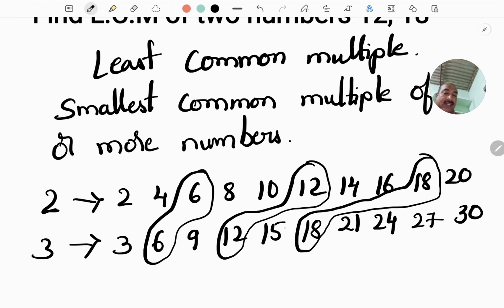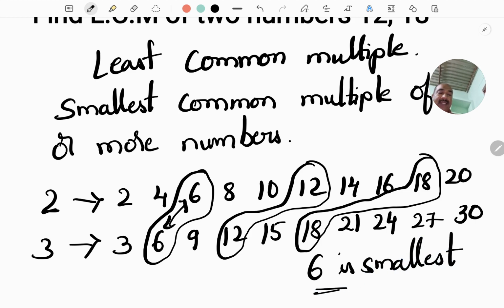In that 6, 12 and 18, what is the smallest? 6 is the smallest. So this is the LCM of 2, 3. The smallest common multiple is 6.